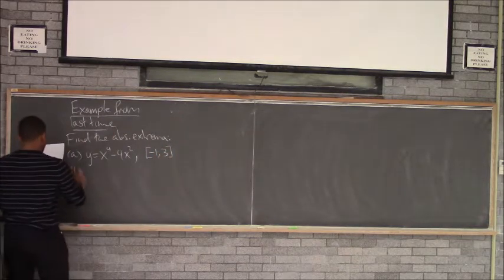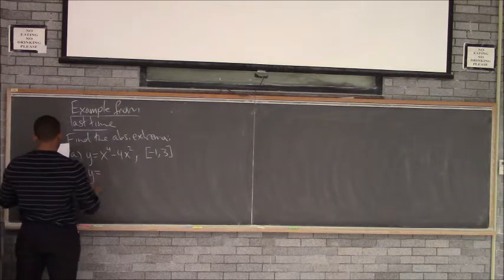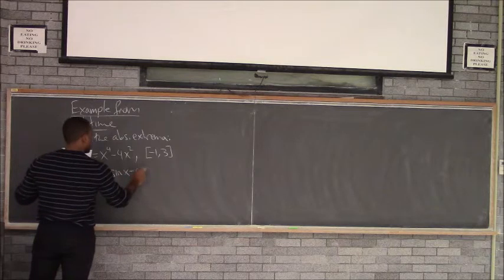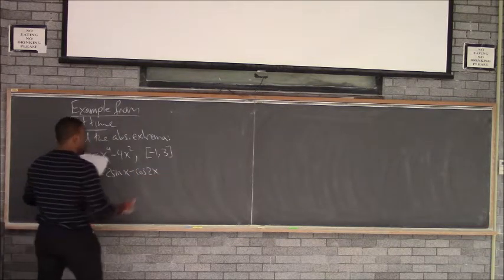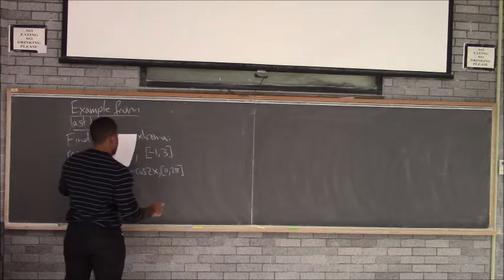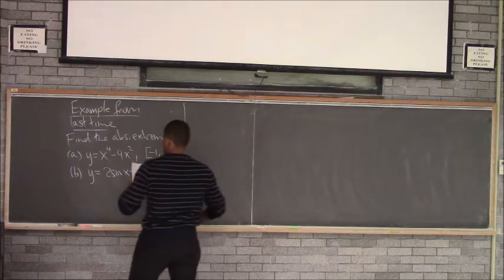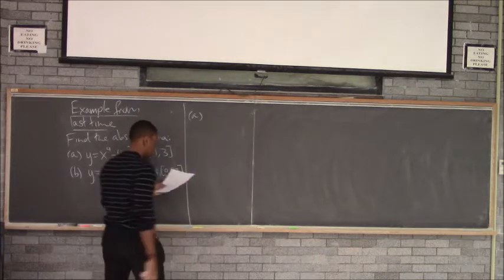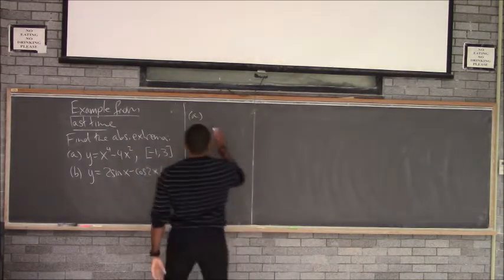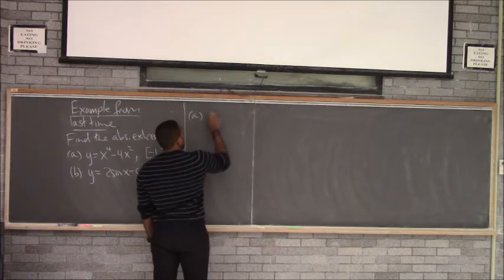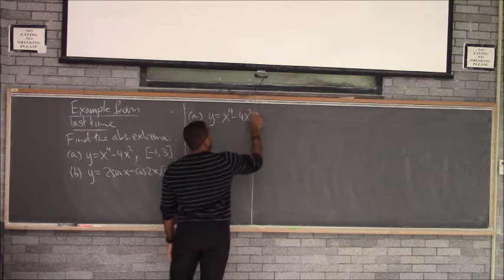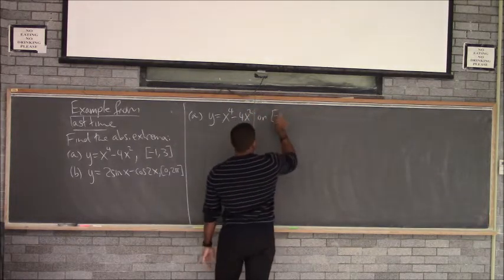The other one was y equals 2 sine x minus cosine 2x on the interval 0 to 2 pi. So let's start with this one. Y equals x to the fourth minus 4x squared on minus 1 to 3.